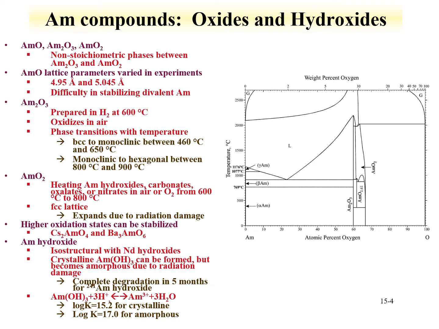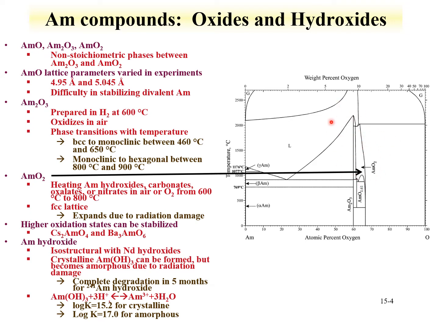Americium dioxide is preferentially formed, and it can be produced by heating Americium compounds in air or oxygen from 600 to 800 degrees. The main structure is face-centered cubic, and this face-centered cubic can expand due to radiation damage.